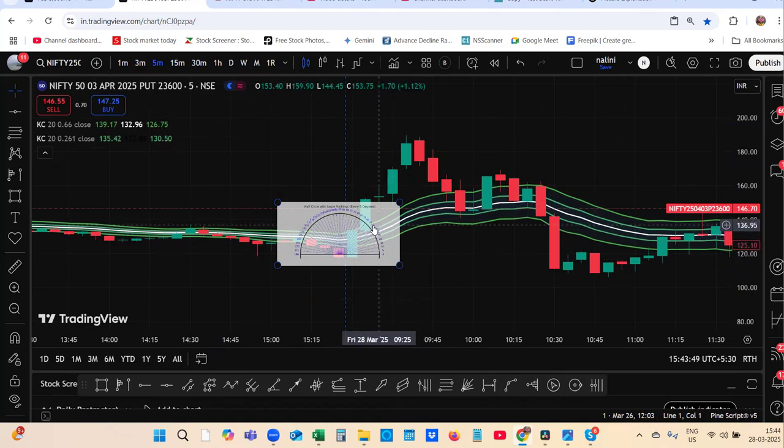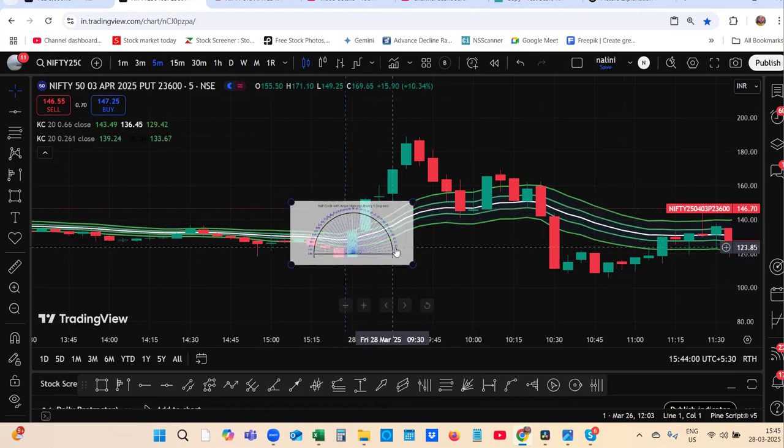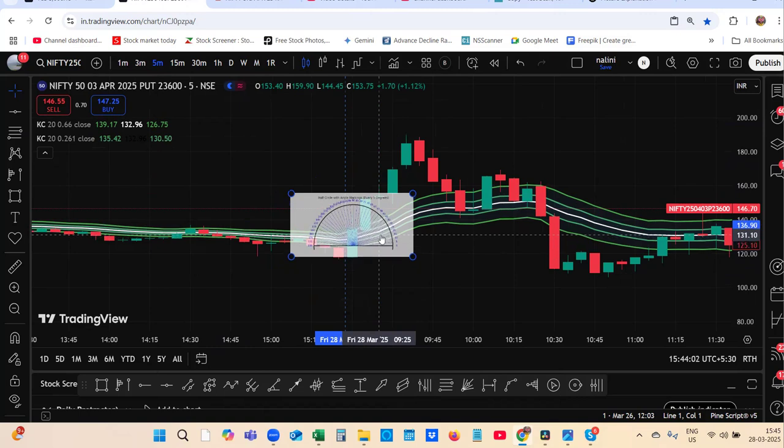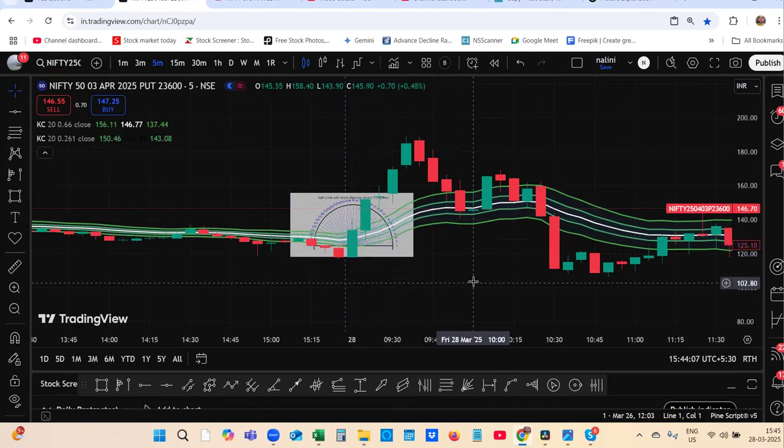These are all 26.1 and these are all 60 degree. When price started moving above this, let me place the protractor in the middle of the candle. See the movement. Immediately you could have taken the trade.